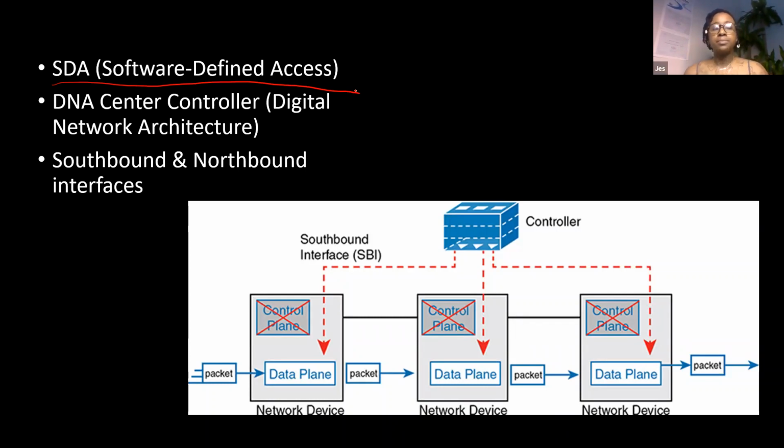So SDN, it's the same thing, software-defined networking, but A is more of the access, right? That's the difference. And when you say access is users, as hosts, and devices having access into our network via software, our software-defined network, right? So again, they're used pretty loosely as the same thing.